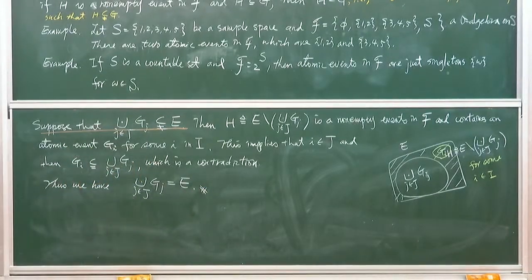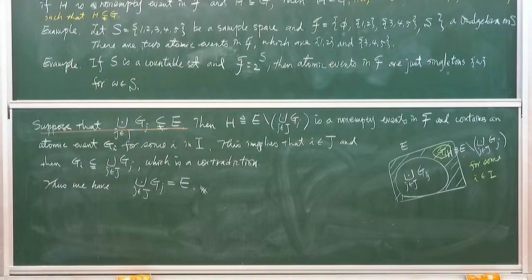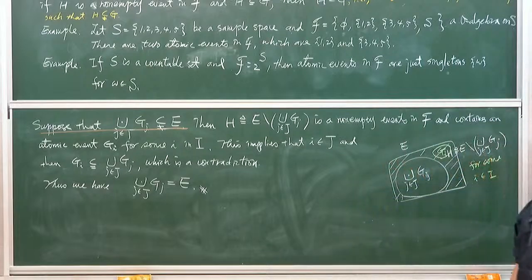So E is a countable union of atomic events because the capital J is a countable set, as we just stated. Again, it's just a proof by contradiction. Any questions?